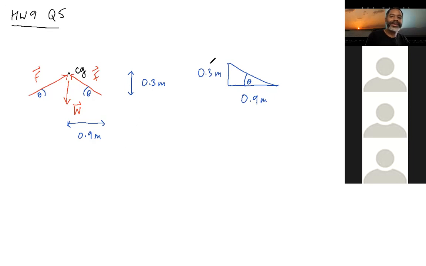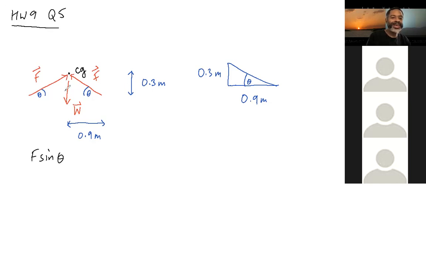And so what we would write is that the y components of each of these force vectors have to exactly balance the weight. So the weight only has a vertical component, and so if we take upwards as being positive and downwards as being negative, we would say that F times the sine of theta, right?